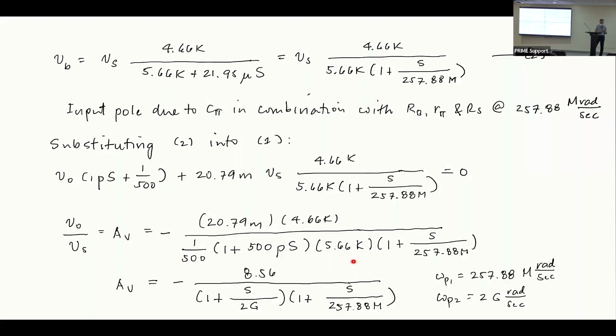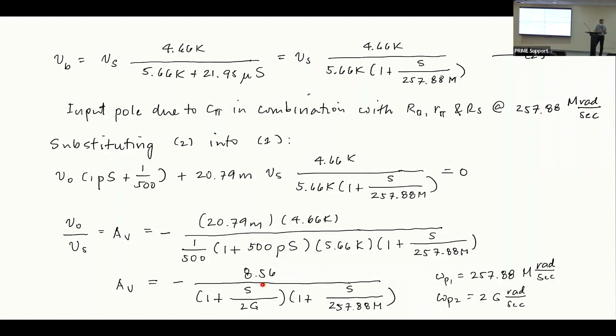Dito naka-factor out na yung 5.66K kasi naka-standard form na to. And then the next step is ito, ilalagay ko sa denominator, no? Itong 500p. So the reciprocal of 500p is 2g. 1 over 500 times 10 to the minus 12 ends up being 2 times 10 to the 9.